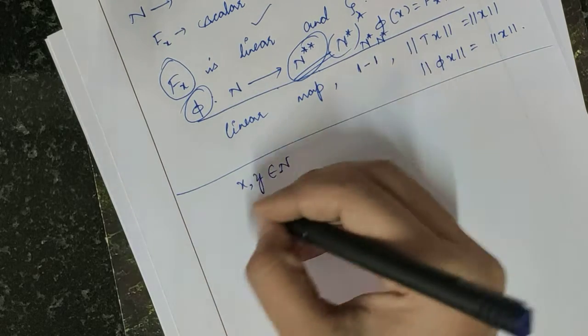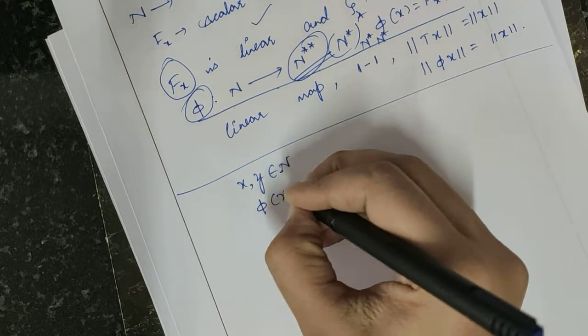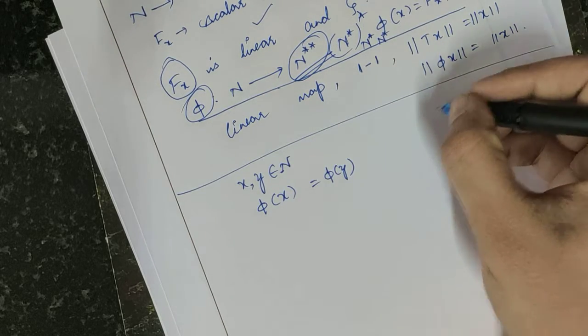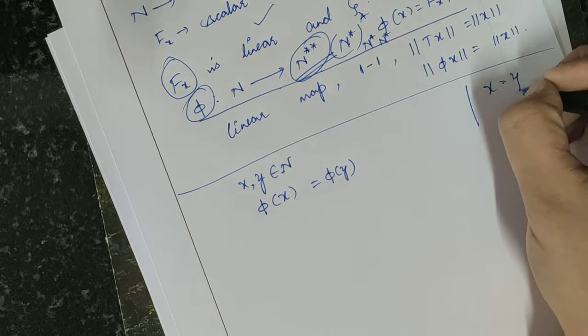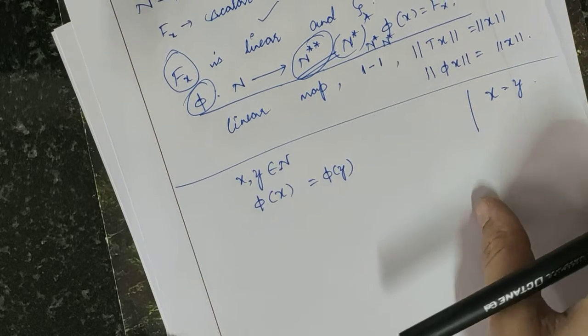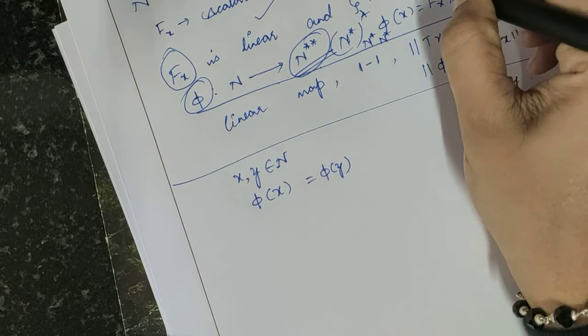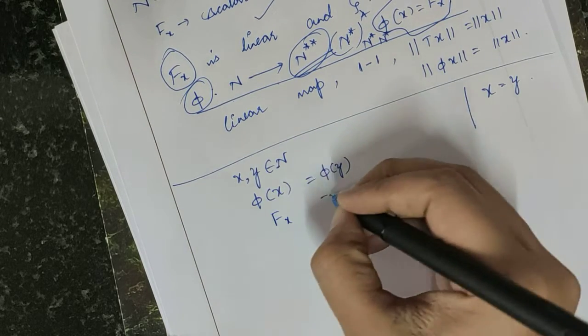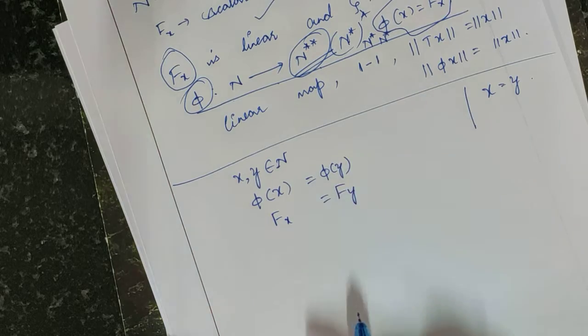For that I will consider phi(x) = phi(y). From this I will prove that x = y. So phi(x) = phi(y) means, from the definition, I can write f_x = f_y.